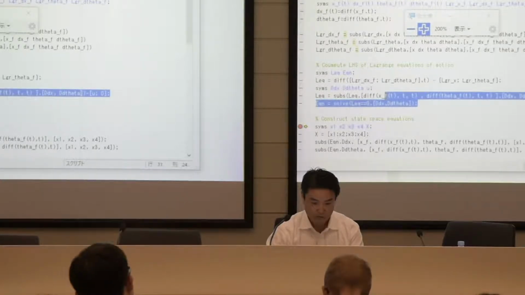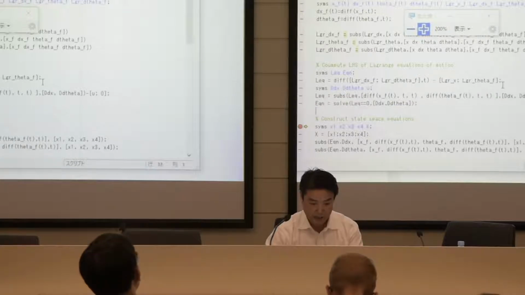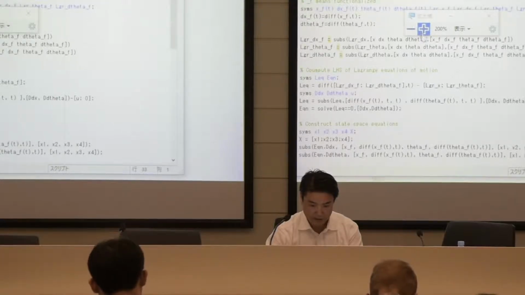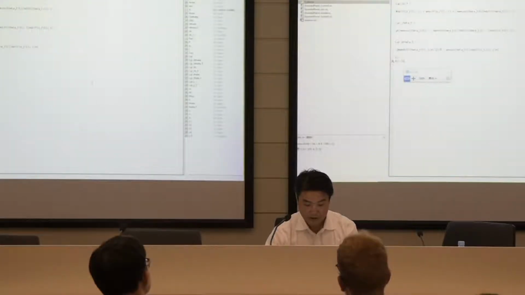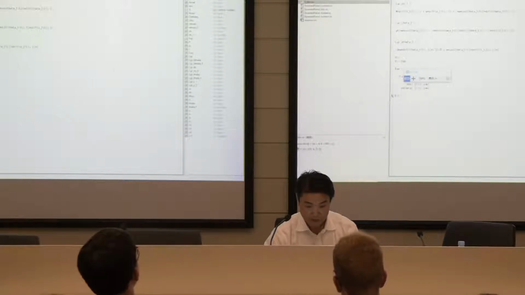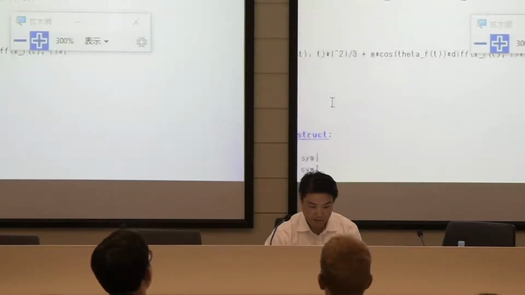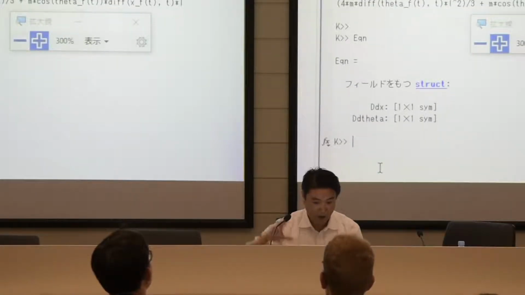So anyways, we computed, and let me show you what I get. EQN is the solution after solving the systems of equations.